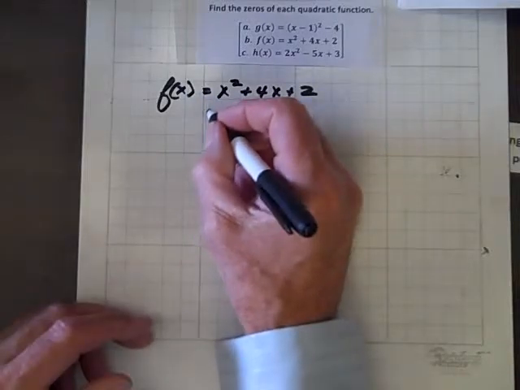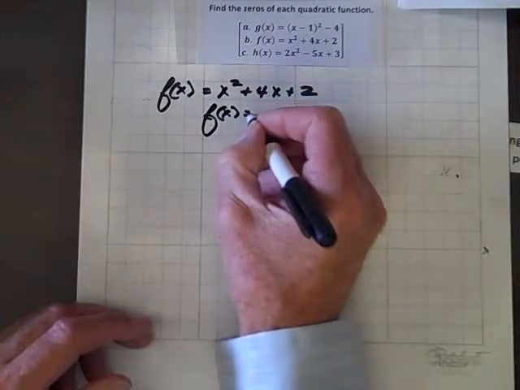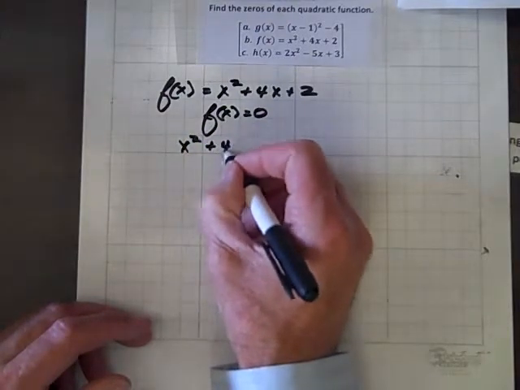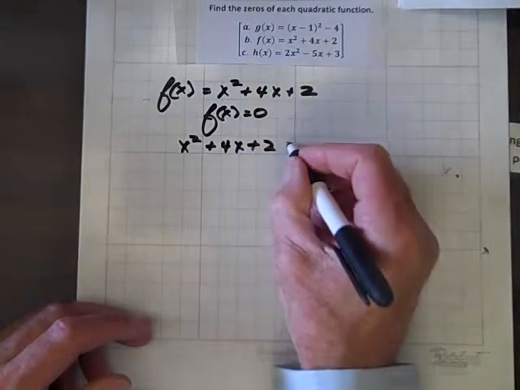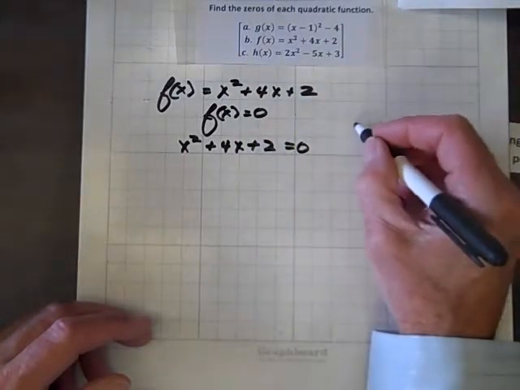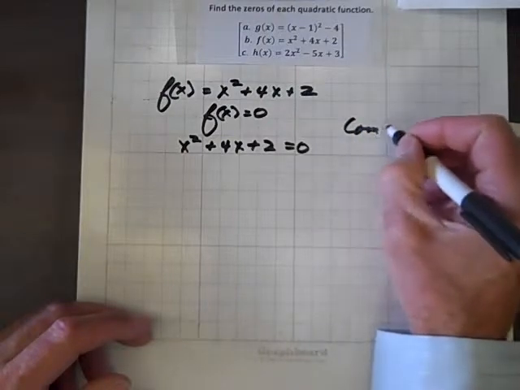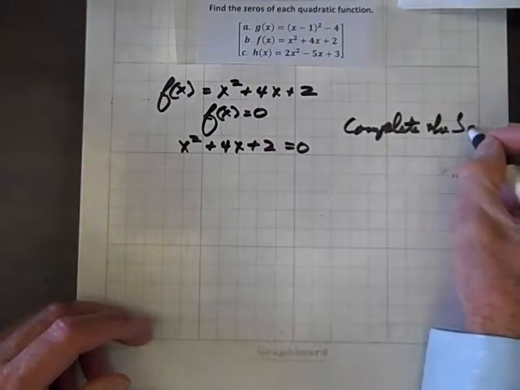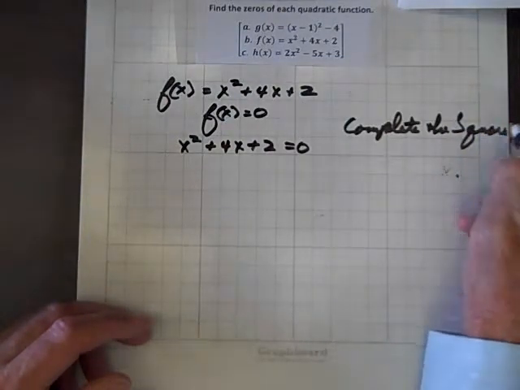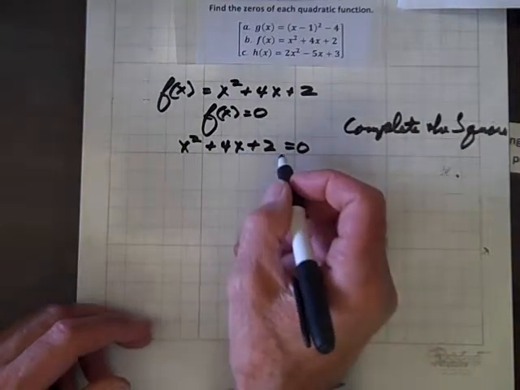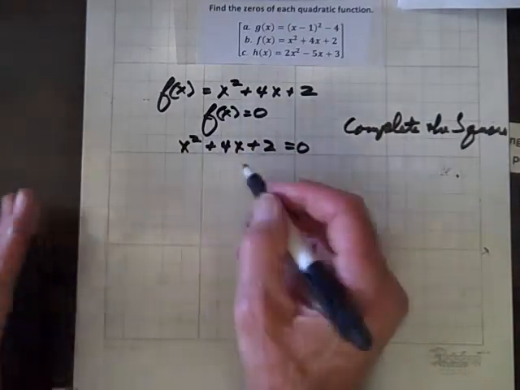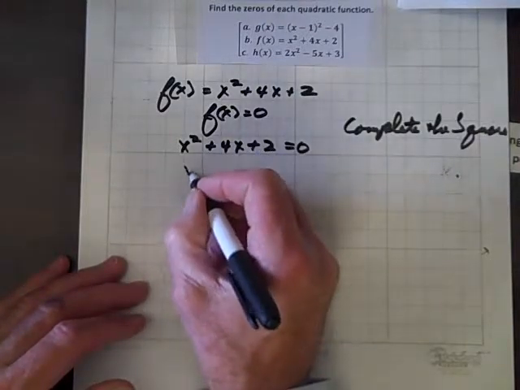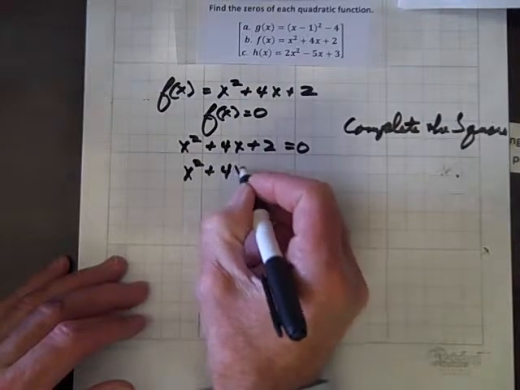And of course, the first thing we'll do is set f of x equal to 0, so that means x squared plus 4x plus 2 equals 0, and as I said, we will complete the square to find the zeros. So in order to do that, we need a perfect square on the left. So let's get rid of that 2 for the moment. We'll subtract 2 from both sides.